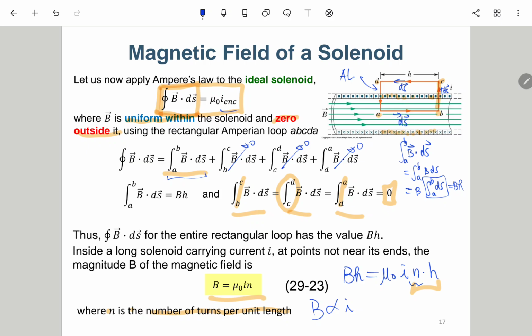After the solenoid is created, n is fixed. So the B field generated by this solenoid is proportional to the current that you can control. Or, if you can pack more turns into a unit length, then probably you can also generate a larger B field.